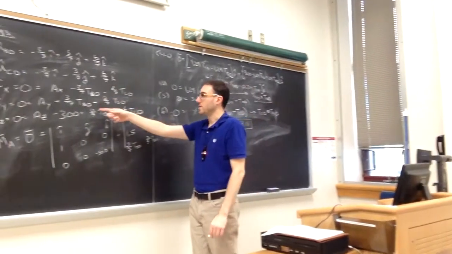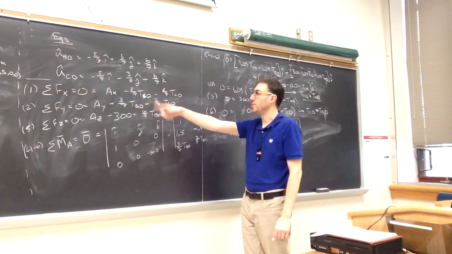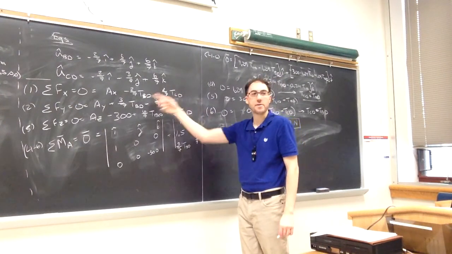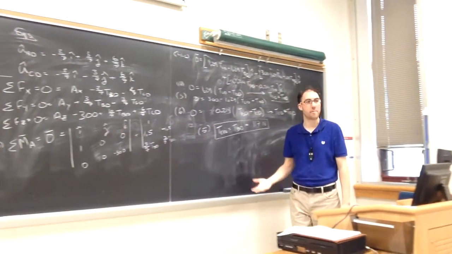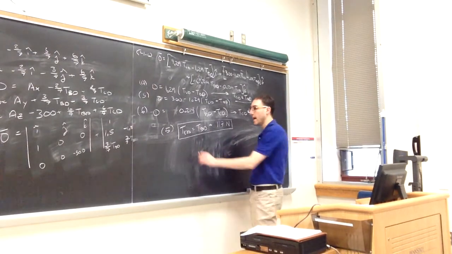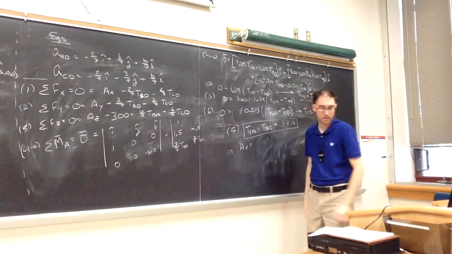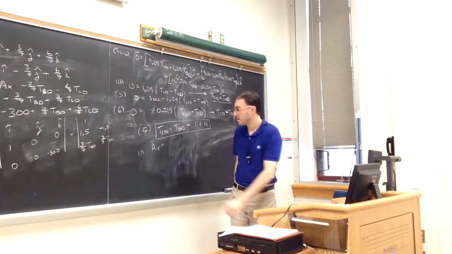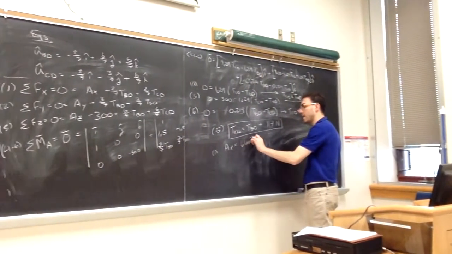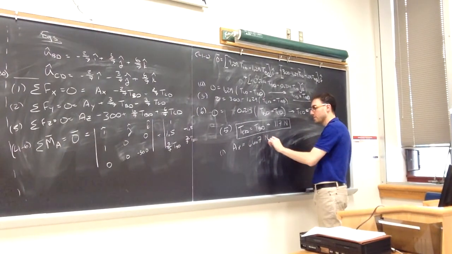This makes everything else much easier because in equations 1, 2, and 3, now that I know both of these values, I can solve for the 3 remaining unknowns, the AX, AY, and AZ. So from equation 1, now I only don't know the value of AX, and that will be 66.7 newtons.